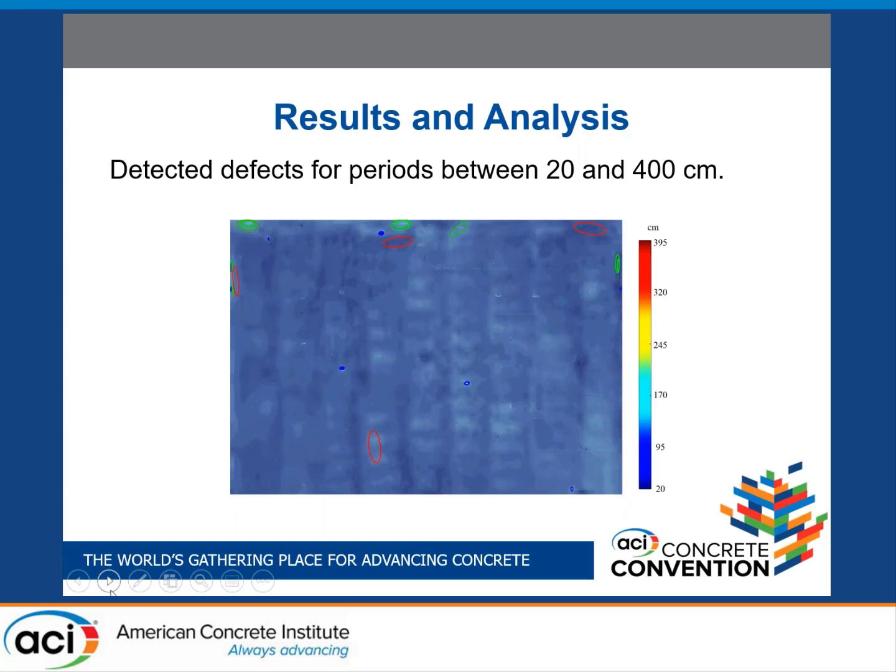This figure basically shows we applied 5 distinct periods, and this one shows the periods between 20 centimeters to 400 centimeters that corresponds to 0.65 feet to 13 feet. The advantage of our approach is that we combine the 3-dimensional data from laser scan and 2-dimensional continuous Wavelet transform.